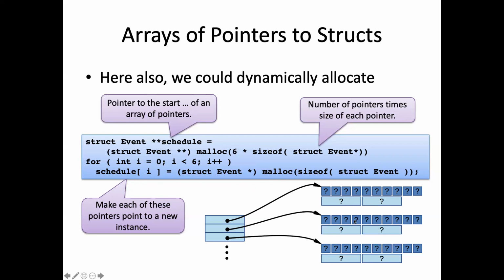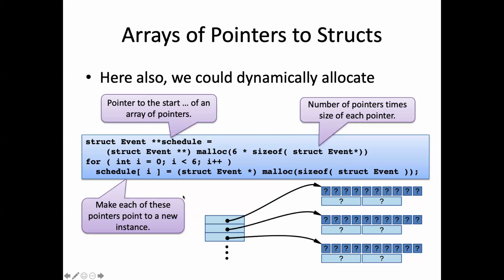I filled in each of these instances with a bunch of question marks because, the way I've written this code, each of them is dynamically allocated memory. So who knows what it contains when I malloc space for that. What you'd typically do is fill in the contents of these events after you allocated them.